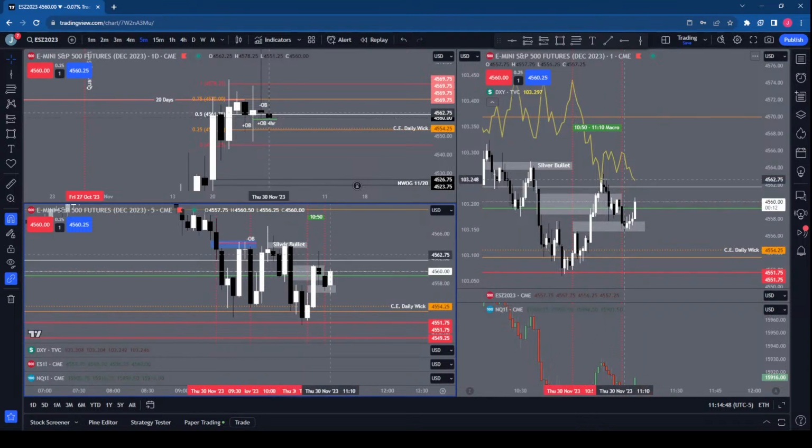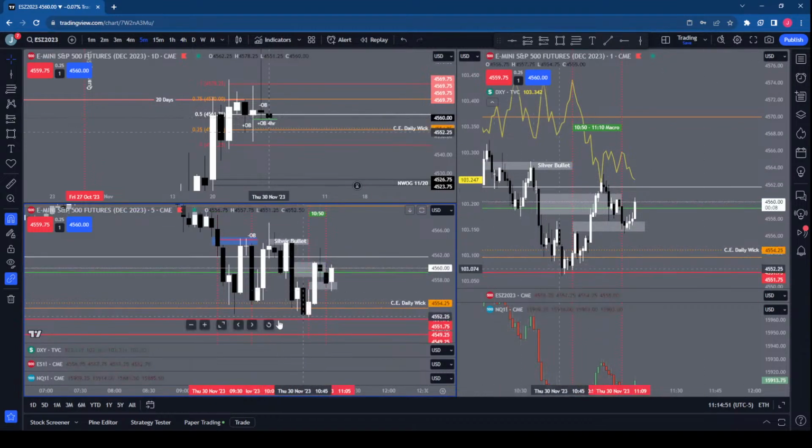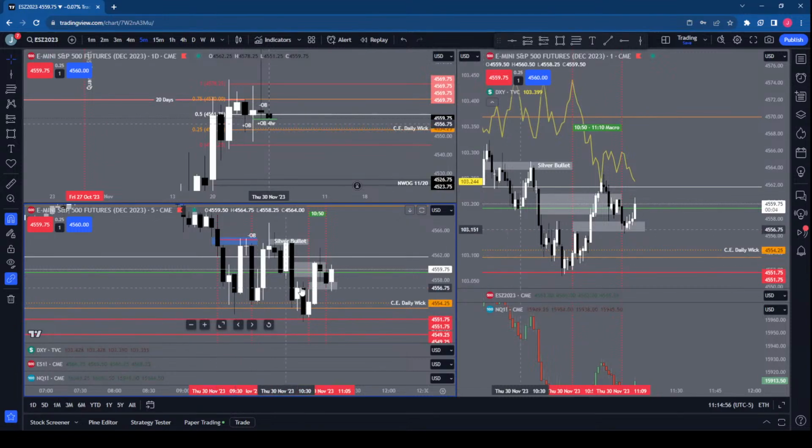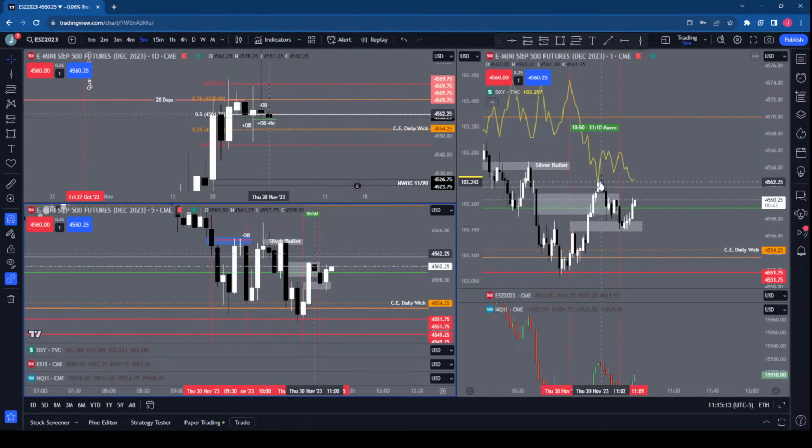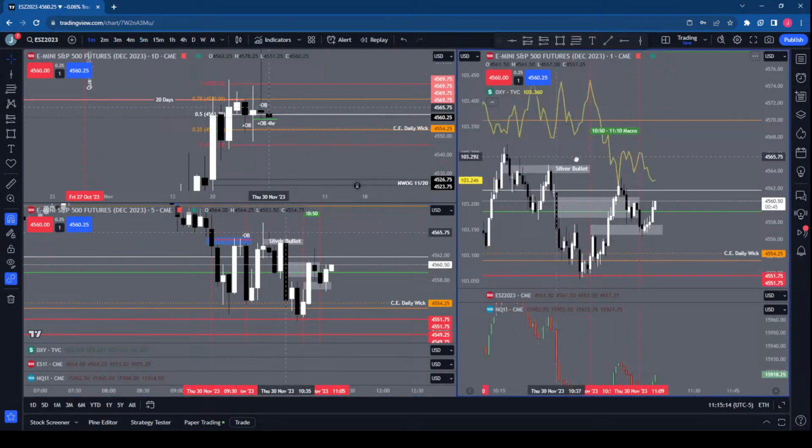What I'd be looking for is if it starts taking out swing highs, because on the 5-minute it came down, took sell side liquidity, came up. I mean, technically this is a swing high, so it shifted market structure a little bit. Left a fair value gap, created a 5-minute fair value gap, came in, treated this as an order block, and I want to see if it expands off that, taking out these highs.